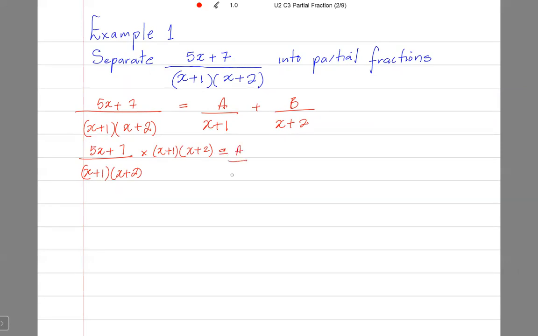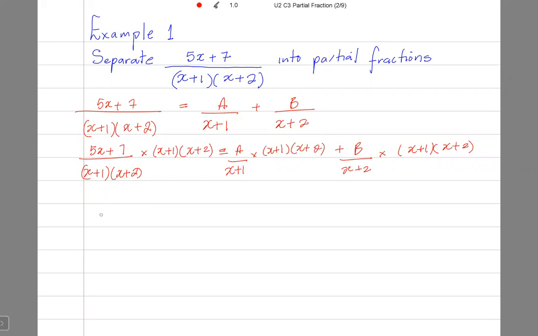This is a over x plus 1 multiplied by x plus 1 into x plus 2, plus b over x plus 2 multiplied by x plus 1 multiplied by x plus 2. So all I did is multiply the entire equation by the denominator on the left.